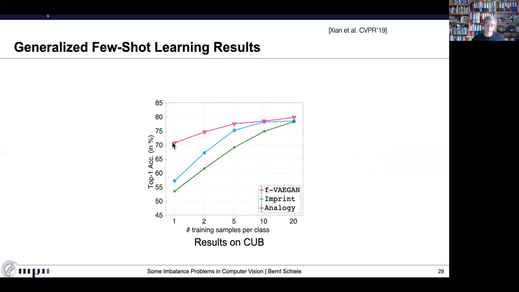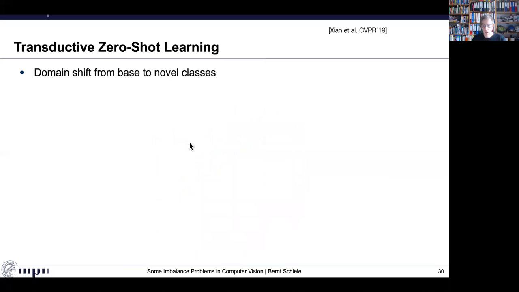As you can see, our method, this f-VAEGAN, the combination of a variational autoencoder and the GAN method that I talked about, is really improving performance quite a bit, in particular in the low data regime. If I have only 1 or 2 data samples per class for the novel classes, I'm really improving the performance a lot.